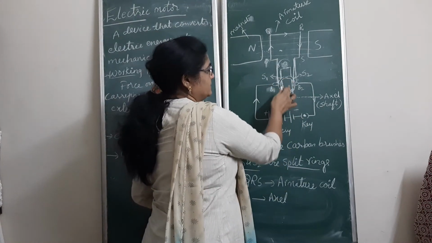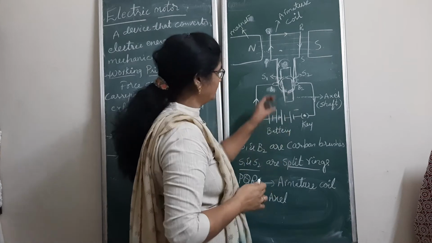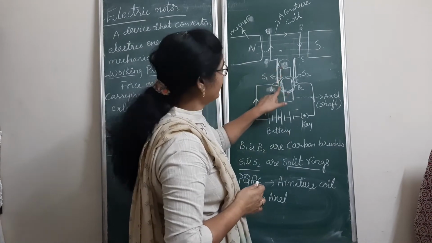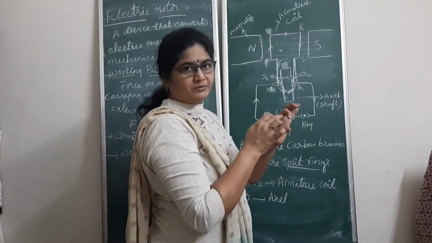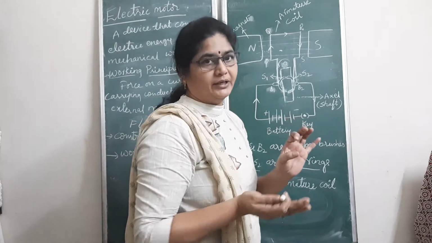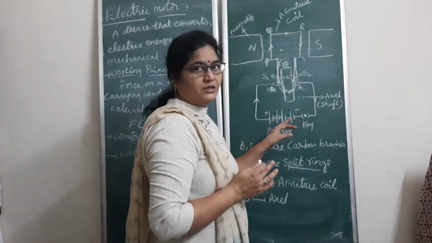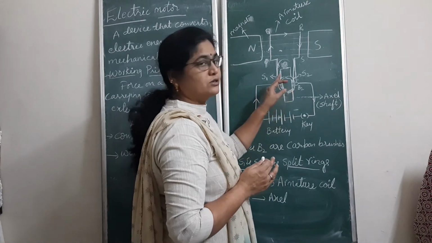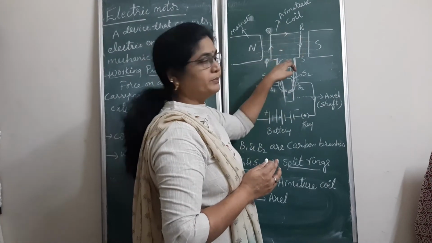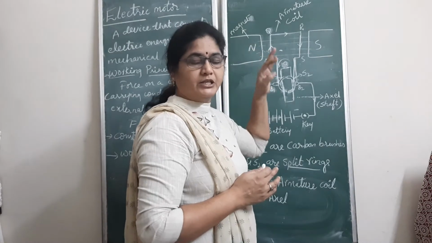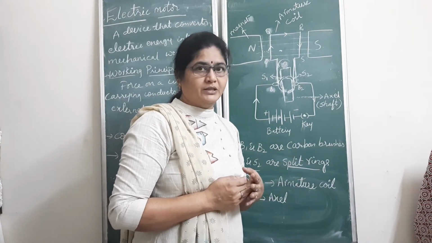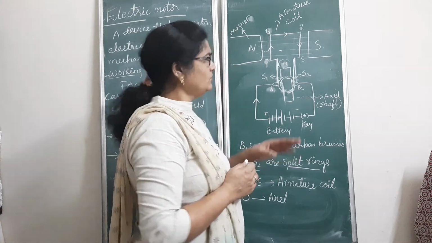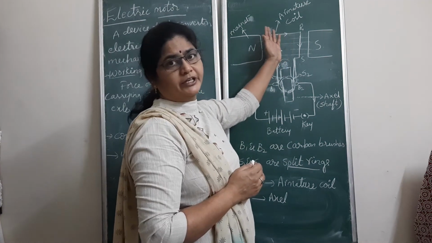These gaps in the split rings will come in contact with B1 and B2. There are gaps, so there is no electrical contact with the external circuit. As a result, the current stops flowing through the armature coil. When there is no current, there is no force experienced by the conductor, so there is no turning effect.